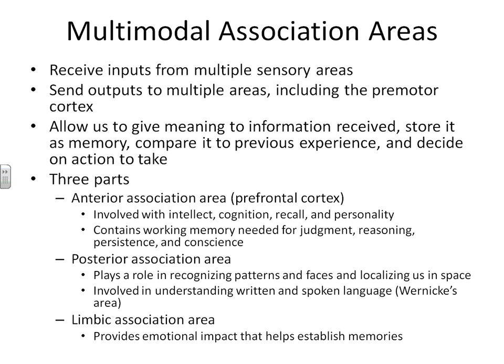The three parts of your multimodal association areas are, first, your anterior association area. This is what I was referring to as your prefrontal cortex. The anterior association area allows you to have your intellect, regardless of what level, recall, your personality, your judgment, things like that.